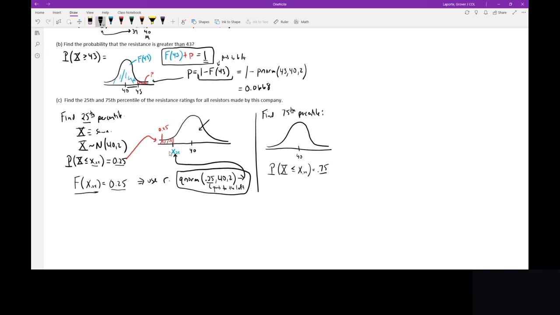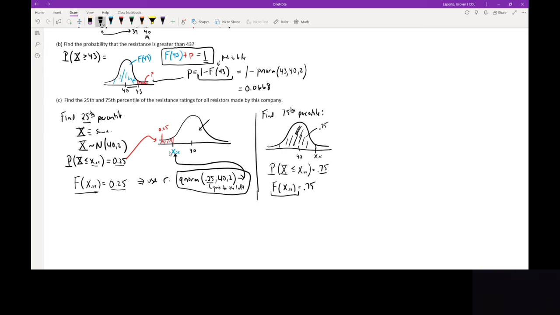Because this number is bigger than 0.5, we know it's to the right. So this will be our x 0.75, and we want this to be 0.75 probability. So F of x 0.75 would equal 0.75, and then we would take our CDF and solve.